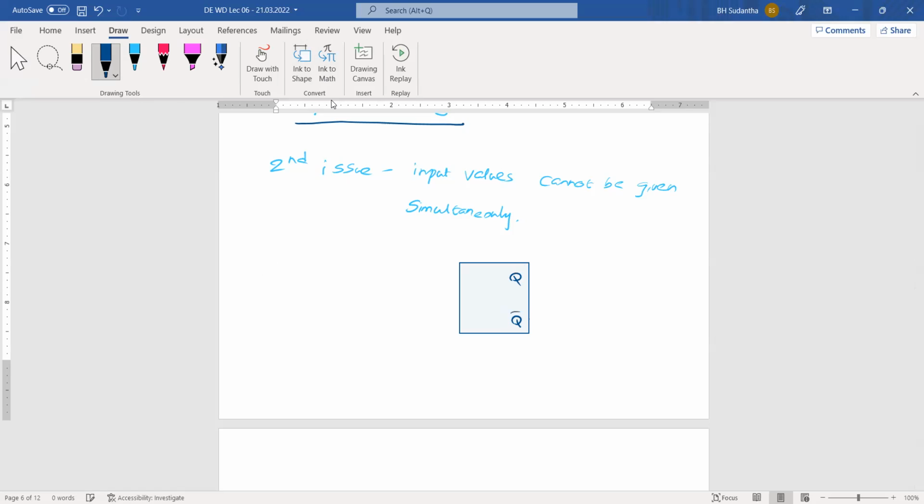Q, Q bar are the two output lines, and this is R and S. Now we have to have a kind of circuit here, and this circuit will receive R and S values from the outside, and after that we can have a control input there.